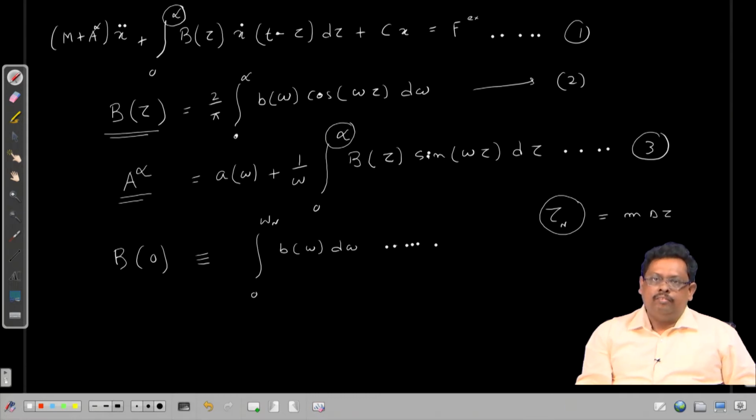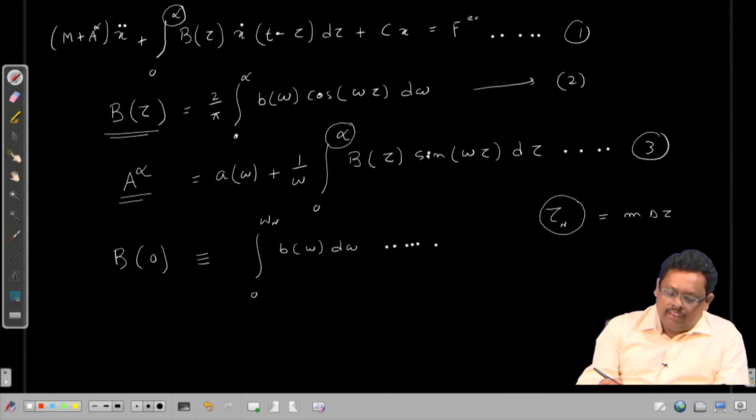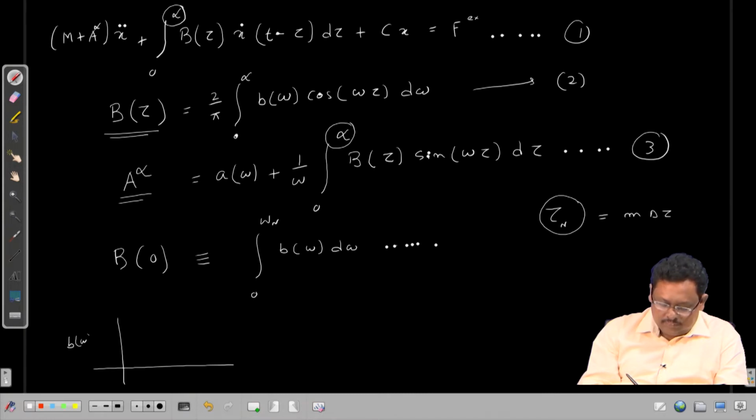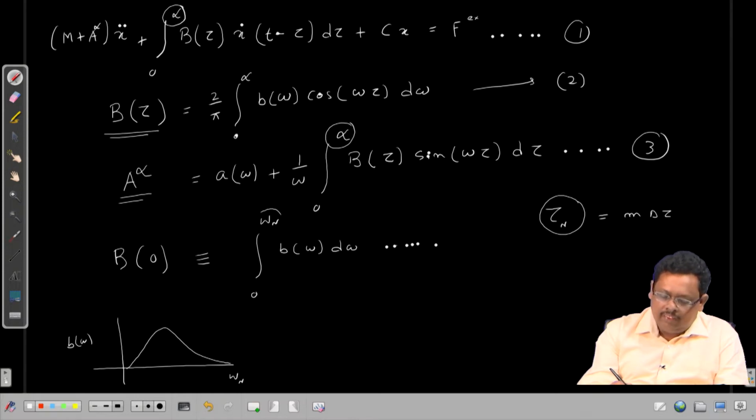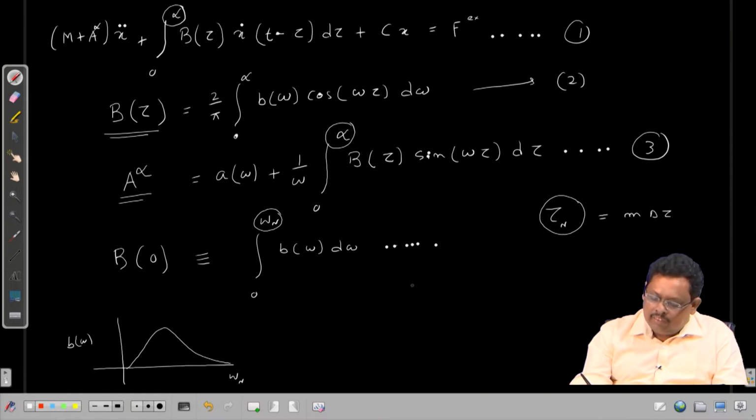Similarly, from this graph of b(omega), the graph cannot be infinitely long, because at higher omega, at some omega n, this curve approaches 0. So this limit cannot be infinity, it should be some finite limit omega n, which is some integer n multiplied by the delta omega.